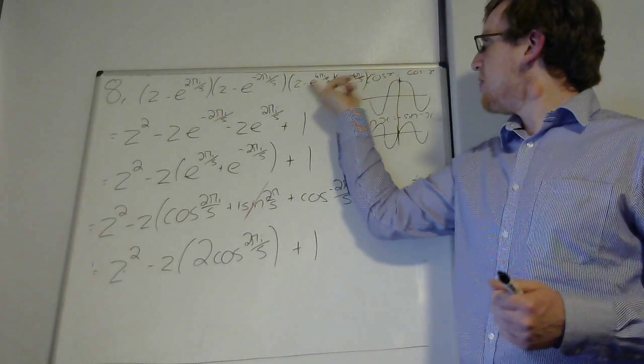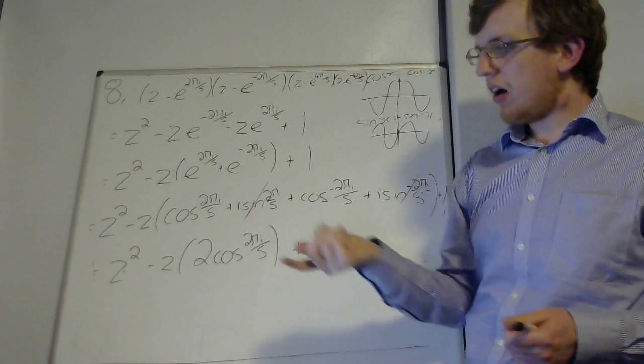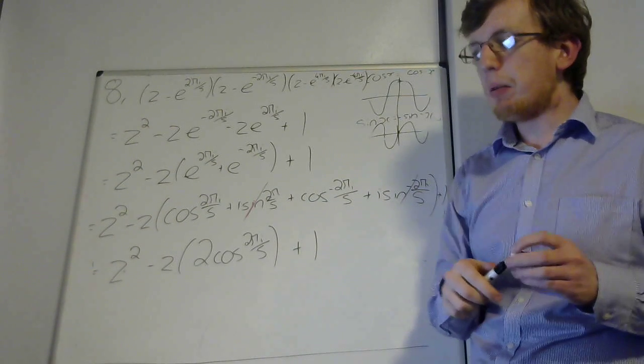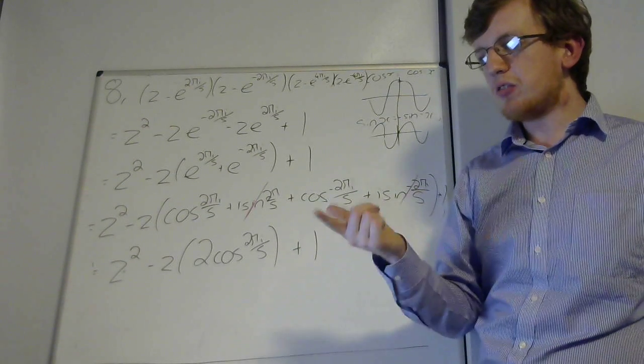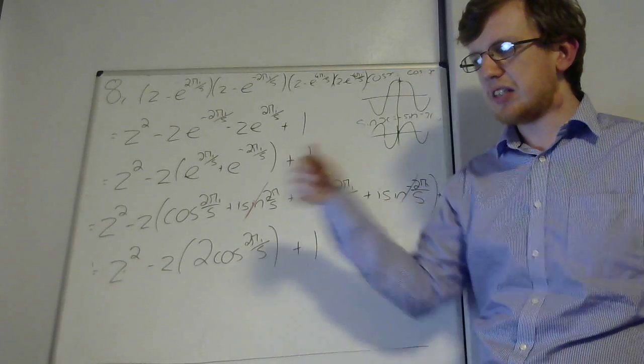Now if you do that with this pair as well, I'll write down what you get. And remember, this whole thing was equal to z to the 4 plus z to the 3 plus z to the 2 plus z plus 1.